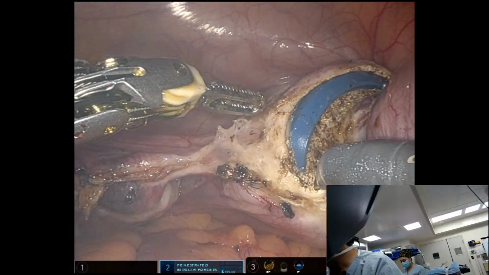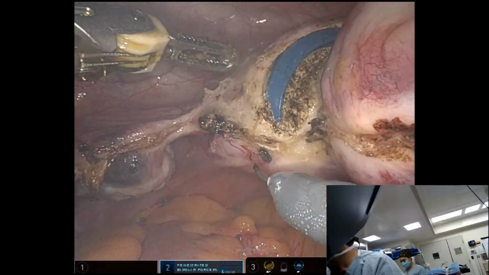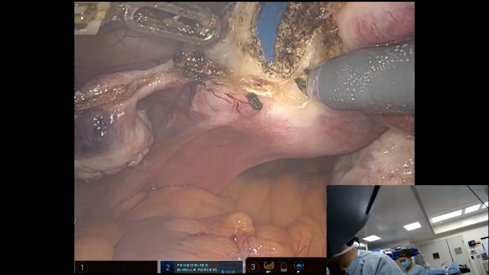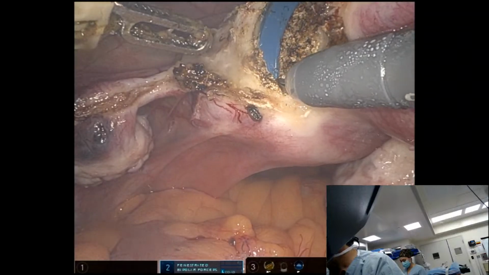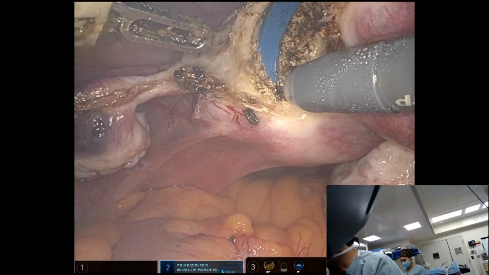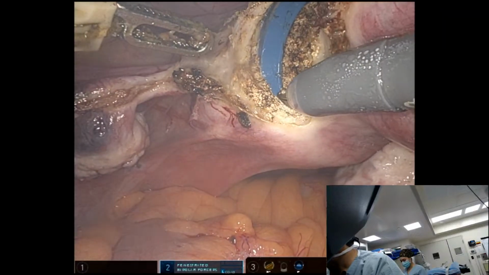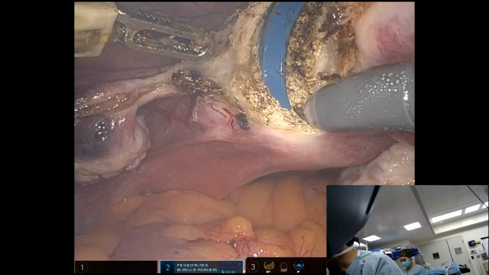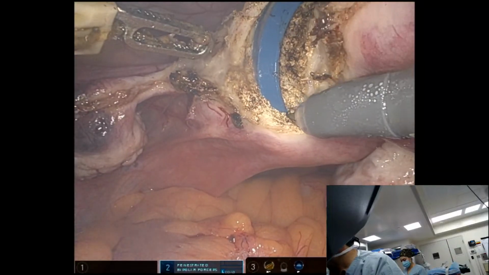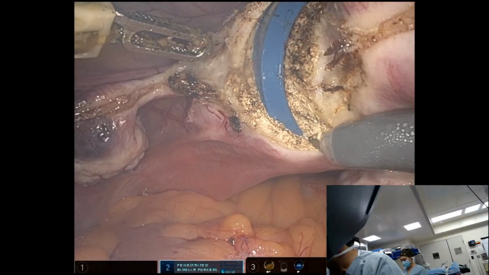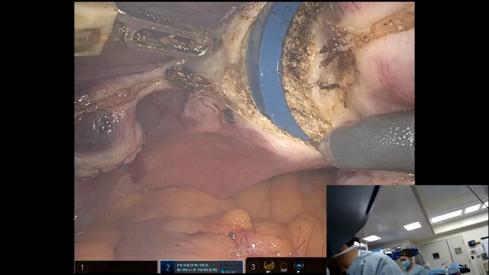Don't push too much. We have to release the tension here so we don't have retraction of the vessels and then have some bleeding. So it's important not to put too much traction.